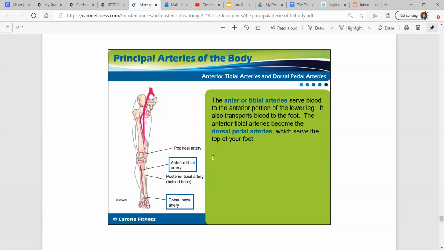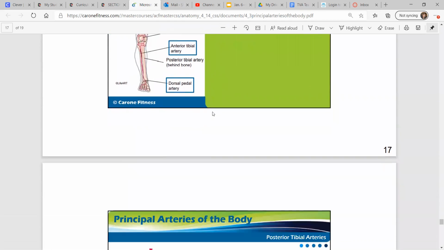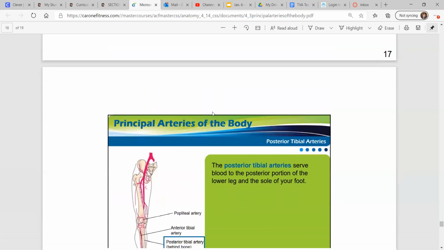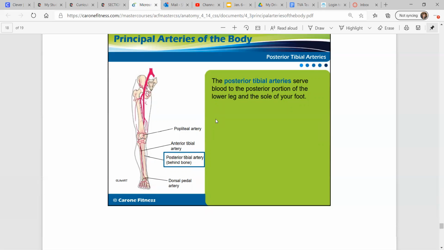Those anterior tibial arteries become the dorsal pedal artery, so your foot artery. And that goes to the top of your foot. So you can see all those. Now, there is also the posterior tibial arteries. That serves blood to the posterior portion of the lower leg, so the back side of your lower leg, and the underside of your foot sole.